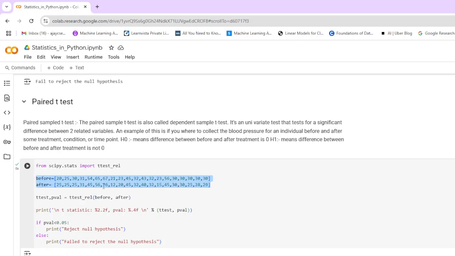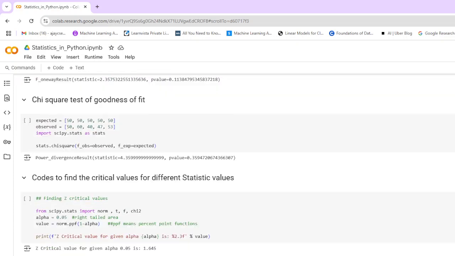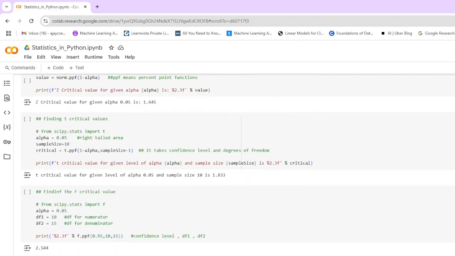So rejection of the null hypothesis indicates that there is a significant change between the before and after results. So this is the paired t-test. Further we will look into the chi-square test, one-way ANOVA and the various other chi-square tests.